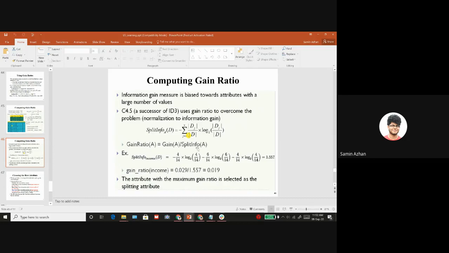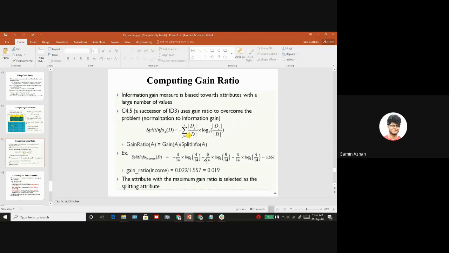So the first portion is high, the second portion is medium, and the third portion is low. It's very similar to calculating entropy. The probability of high should be 4 divided by 14, because there are 14 total rows and out of them 4 are high, times log 2 of 4 by 14, minus 6 by 14 because there are 6 mediums out of 14.